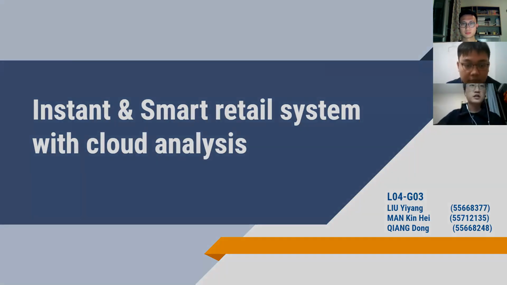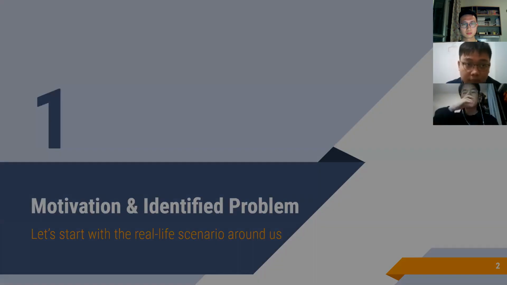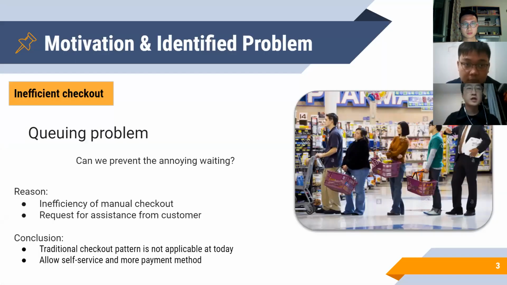First, let's look at the motivation of our project and how we identified the problem. The first problem we see nowadays is the queuing problem. It has become one of the most significant issues faced by retail business owners. Whether it is a supermall or a convenience store on the street, it's always hard to prevent the annoying waiting problem.